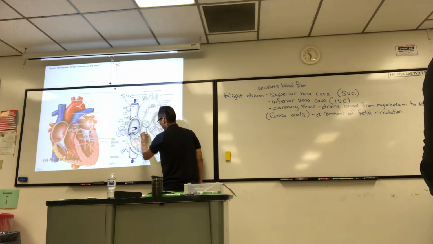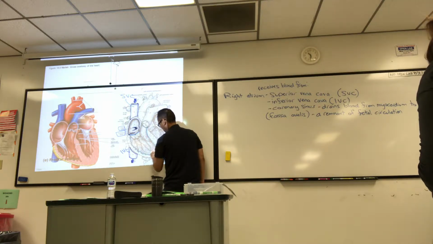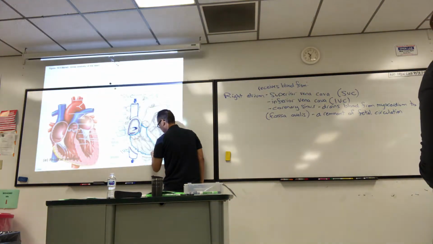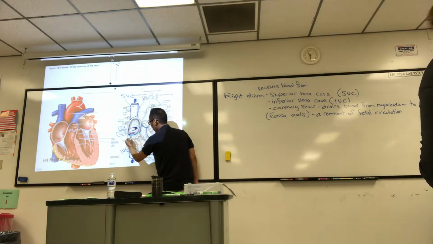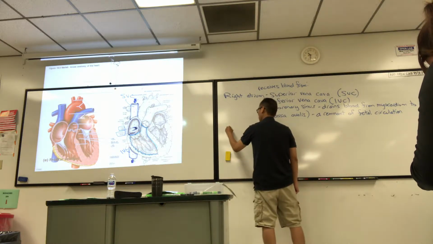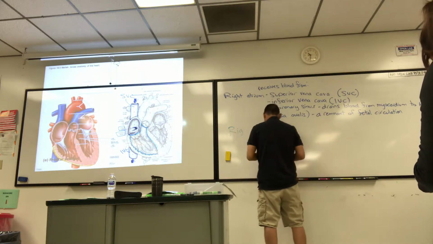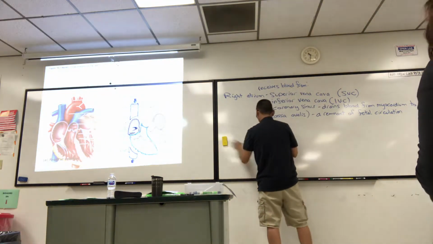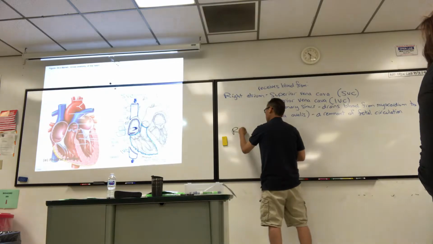Okay, so why are you tracing this light blue, I hope you can see it. I trace the confines of RV, right ventricle. Well, let me draw it in black. Right, in black, right ventricle.